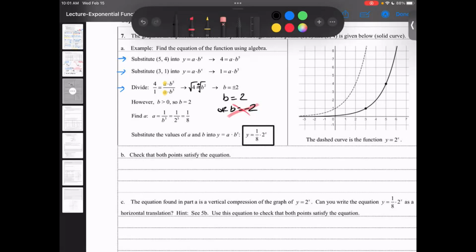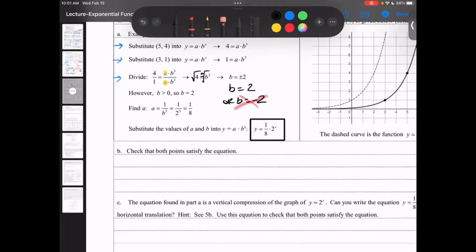Y equal a times b to the x, where a is 1/8 and b is 2. Now, how do I know that I got the right equation? Well, you can check. In the beginning, you have 4 equal a times b to the 5th.